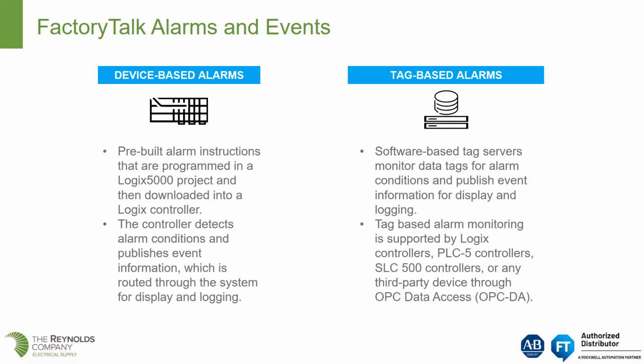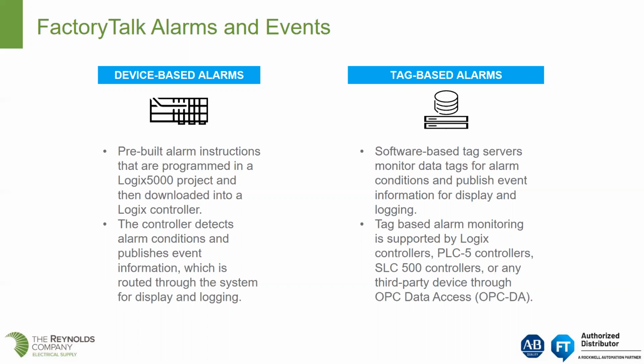So these FactoryTalk alarms and events could be device-based alarms. So they could be alarms that are issued directly from the controller. In this case, there would not be alarms in FactoryTalk View SE. The alarms would be built in the controller.